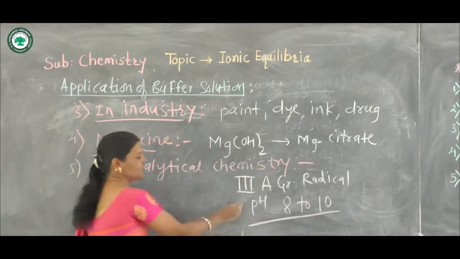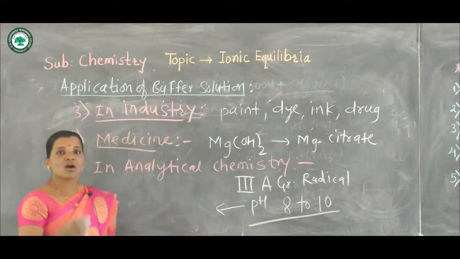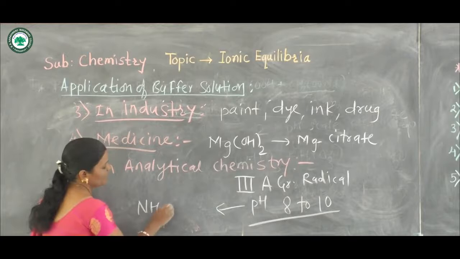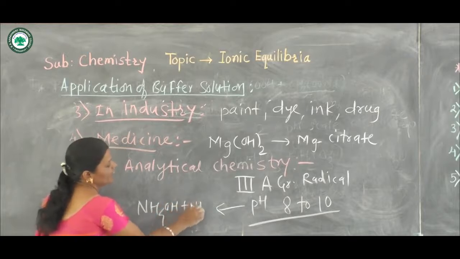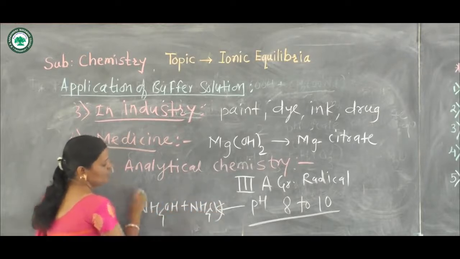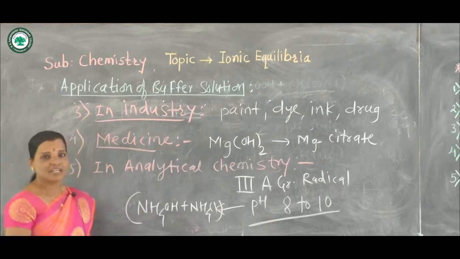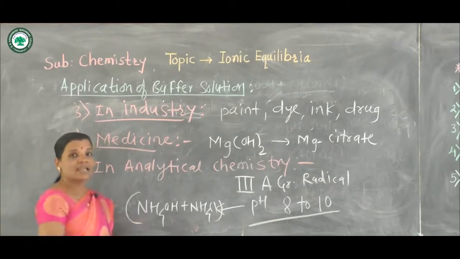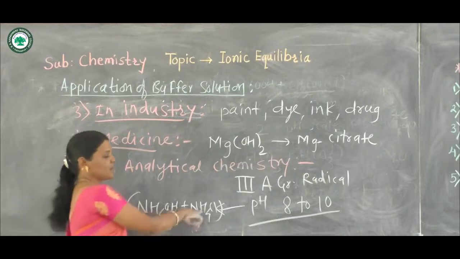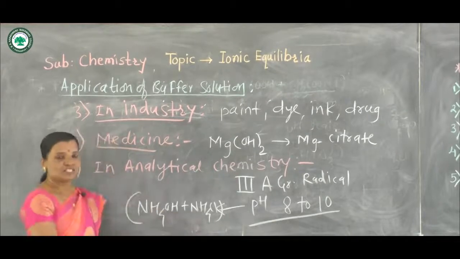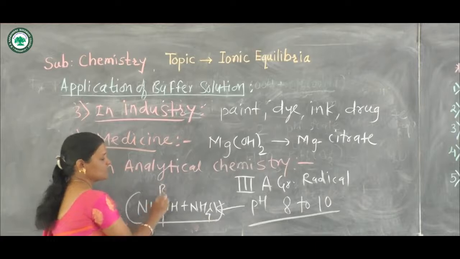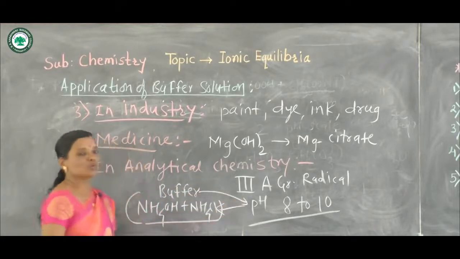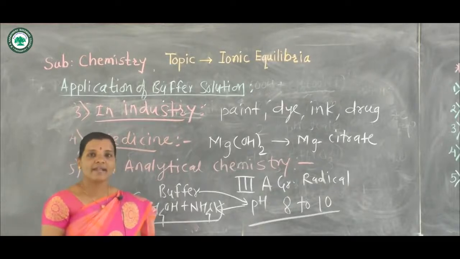And this pH will be kept constant by the addition of ammonium hydroxide and NH4Cl as a reagent, the combination of ammonium hydroxide and its salt, that is NH4Cl. This solution acts as buffer which keeps the pH of solution within the range 8 to 10.